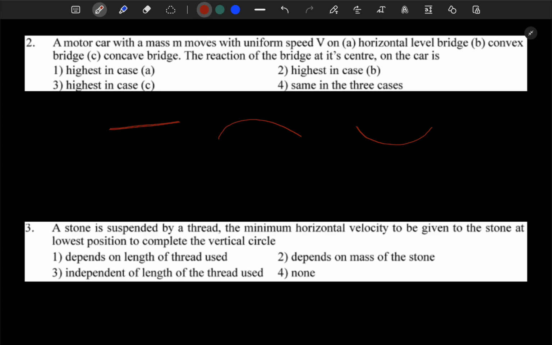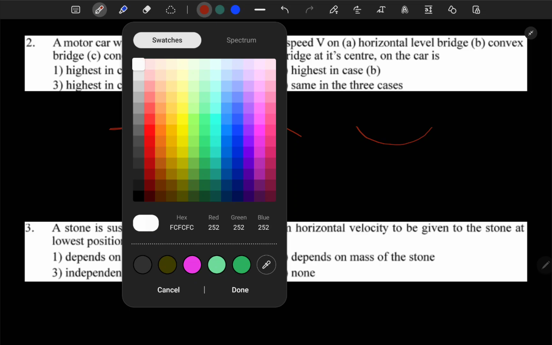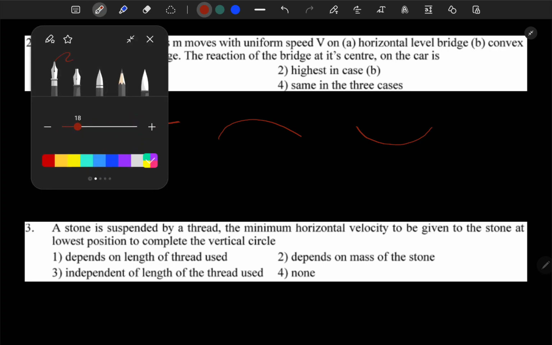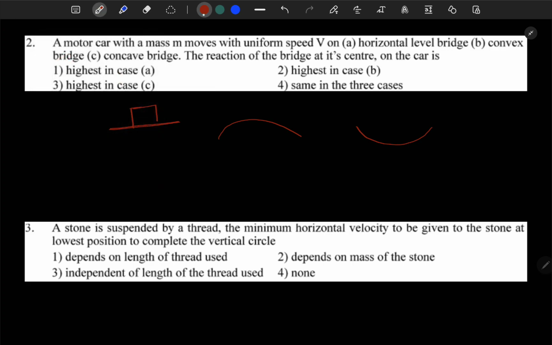If you draw the forces acting on it, in the convex case, there is a normal force and the gravitational force mg. Here you have a block, or you can also take it as a motor car, no problem.